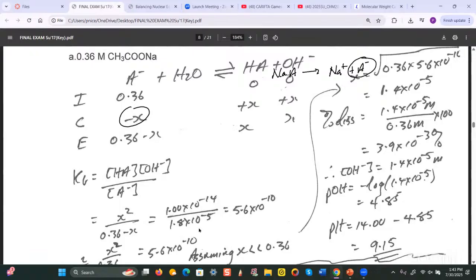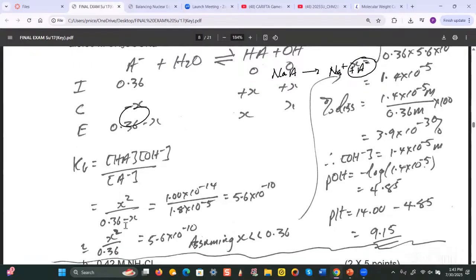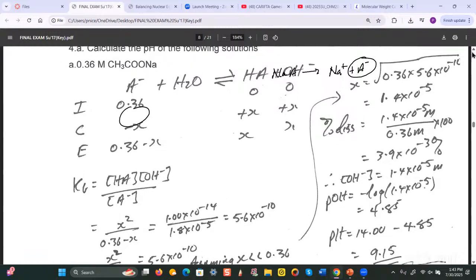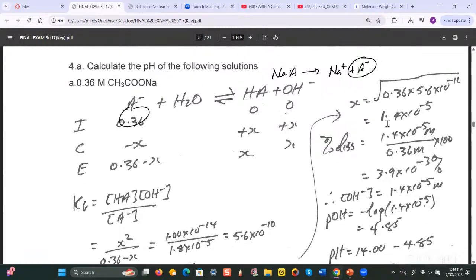So once we get that, we make an assumption that x is small compared to 0.36 such that this denominator reduces to 0.36. And then we go ahead and solve based on that. And I end up with x being equal to 1.4 times 10 to the minus 5. Of course, you have to find the percent dissociation to make sure that the assumption is valid. When I did that, I got 3.9 times 10 to the minus 3 percent. So of course, that's valid because it's less than 5%.